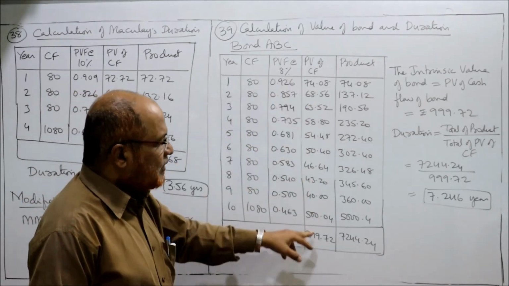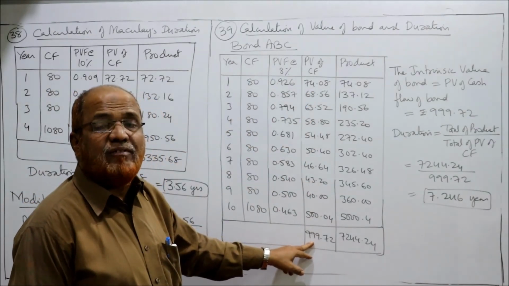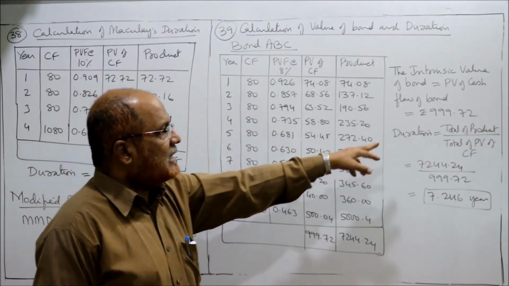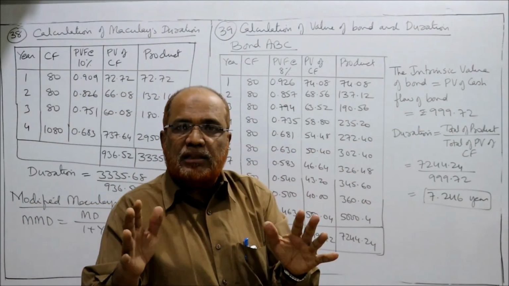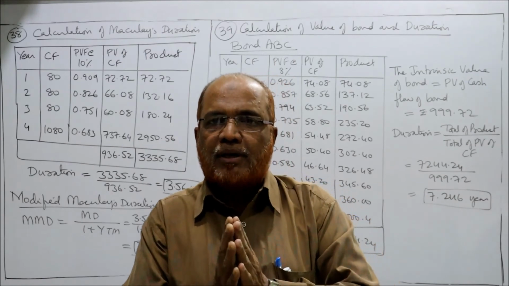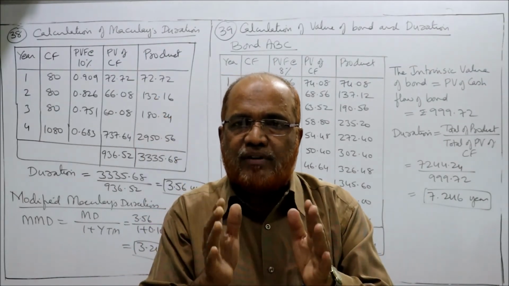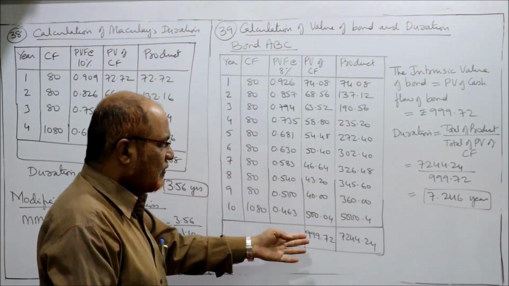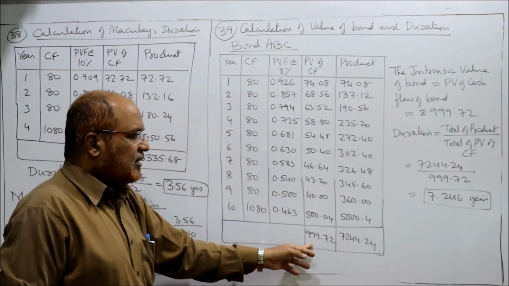The total of PV of cash flow of the bond is called the intrinsic value or present value of the bond. The present value of the bond is 999.72. Not only in this problem, in any problem, the total of PV of cash inflow is the intrinsic value. Then divide for duration, you will get it.